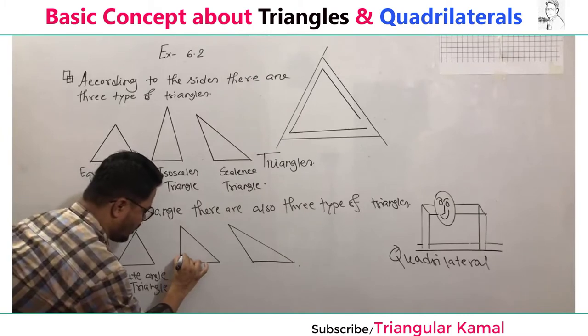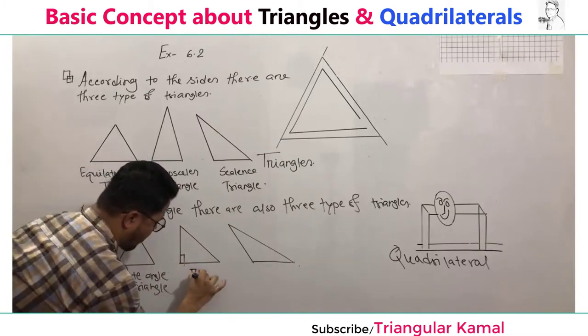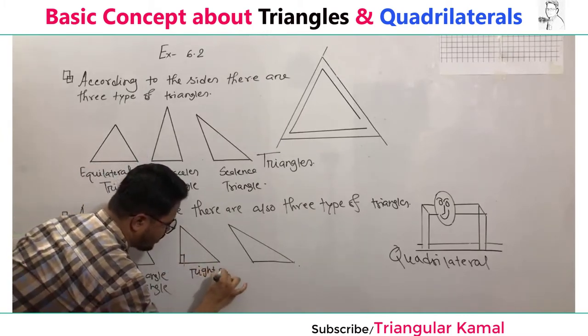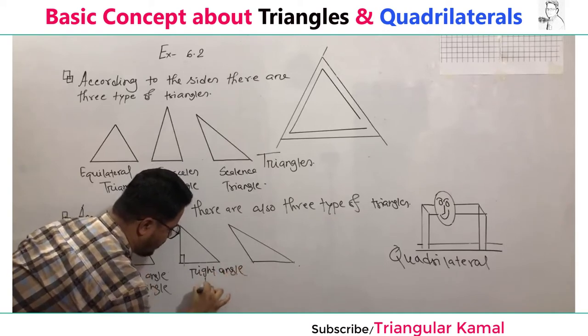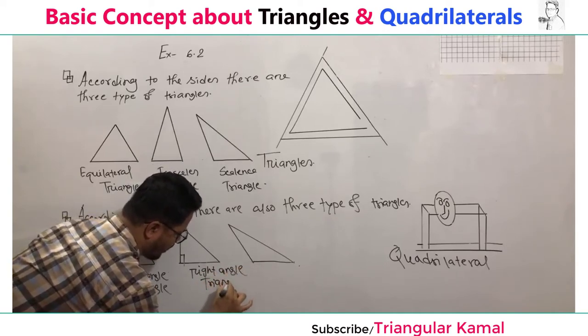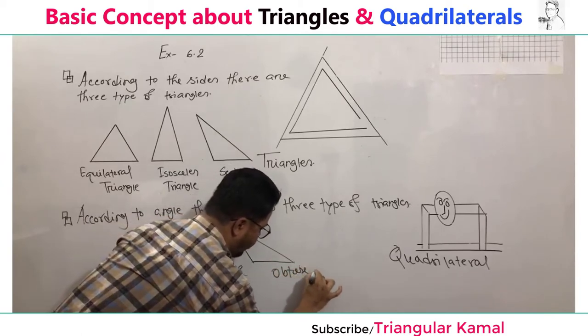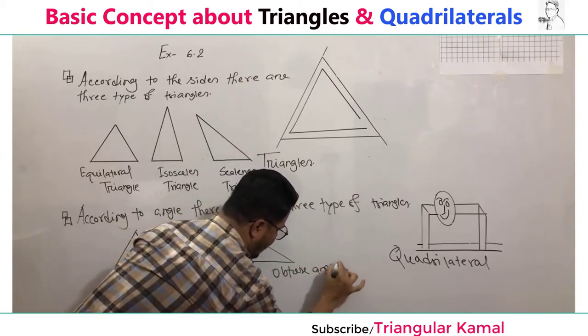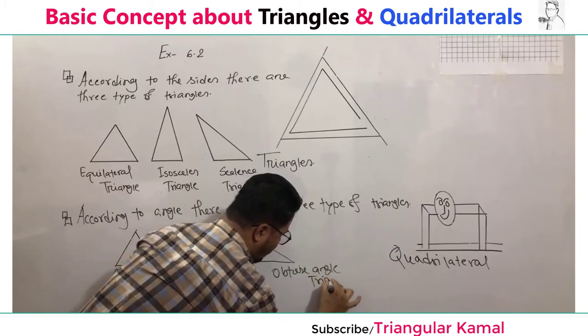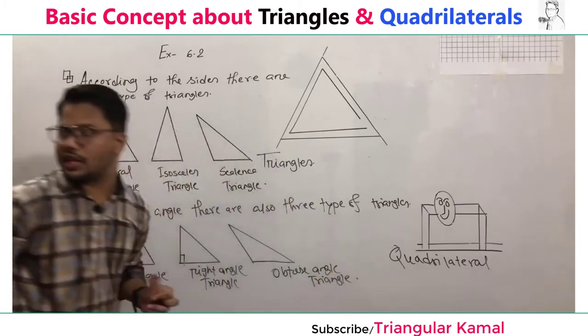This one is right angle triangle. This one is obtuse angle triangle. I think both diagrams are okay.